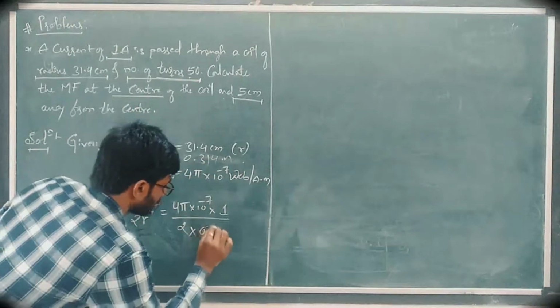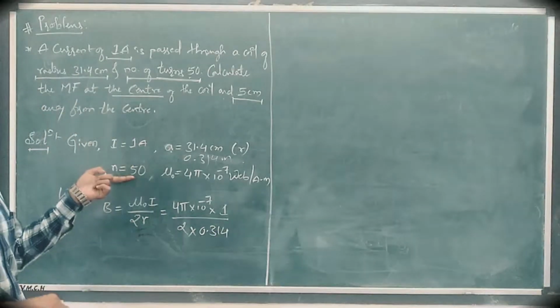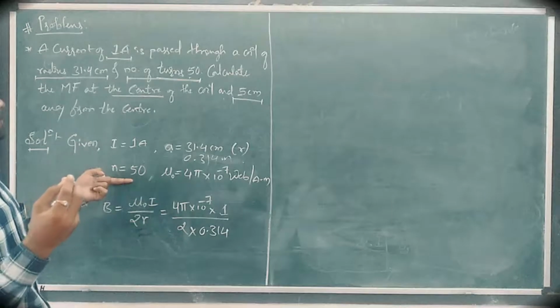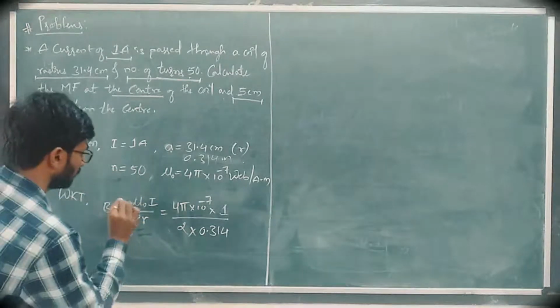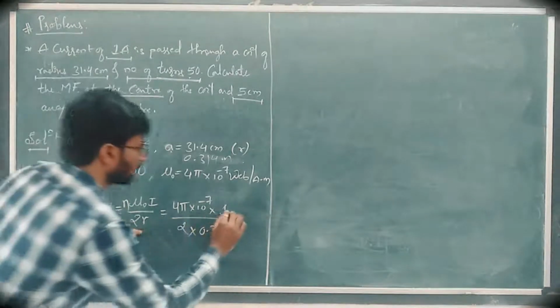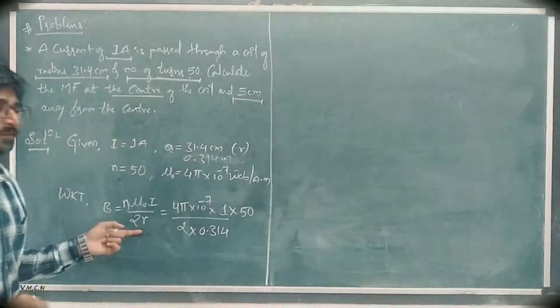Simply substitute 0.314. Now there is one more parameter missing, the number of turns, which is 50. So the formula is N mu naught I by 2R, and I can write the number of turns as into 50.